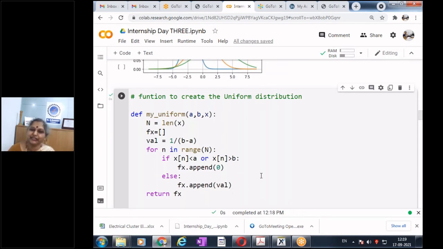Please try this, then call the uniform distribution for at least two different values of a and b and share the plot.